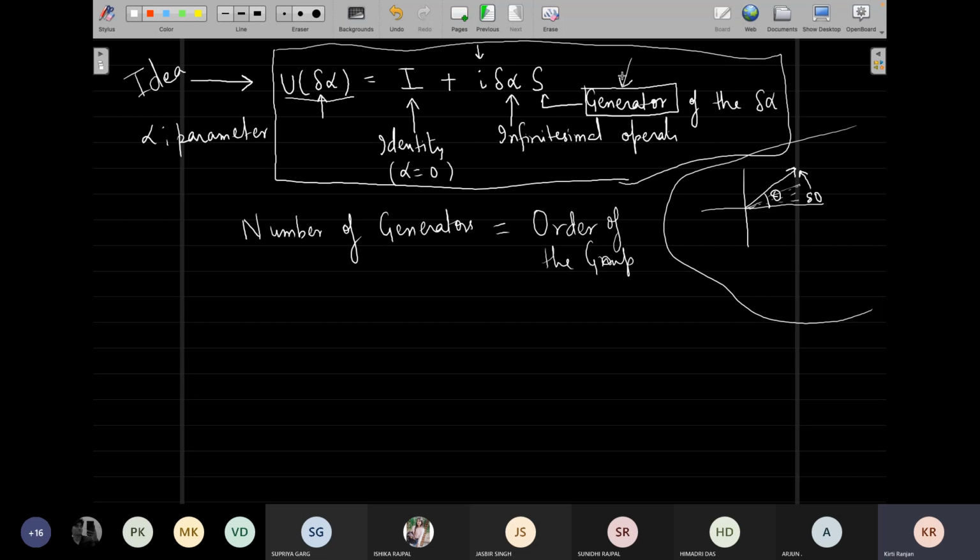So the concept once started, it goes to the point that these generators play a very important role in determining that group structure. Okay, so question only up to this point and then I will go further.